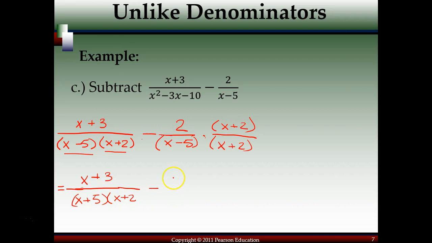I'm going to distribute that across, so I get 2x plus 4 over the same denominator, x minus 5 times x plus 2. Sorry, minus. There we go.